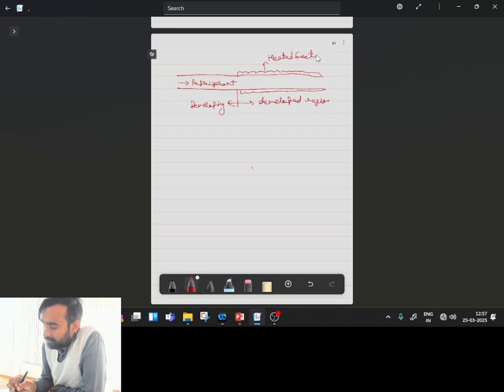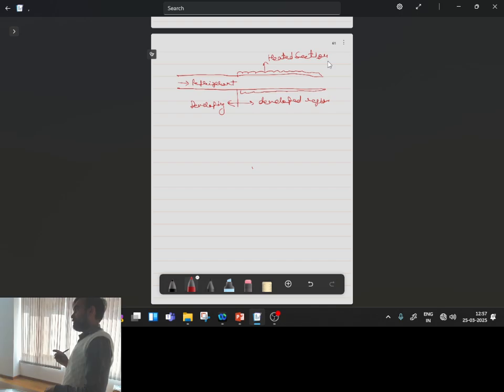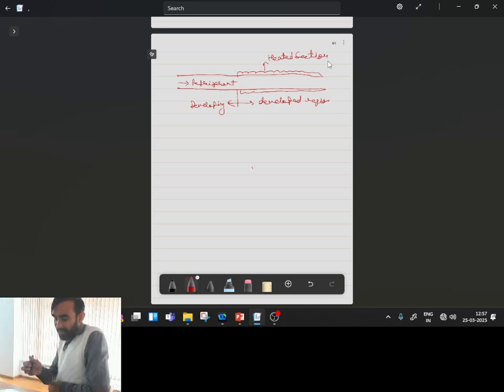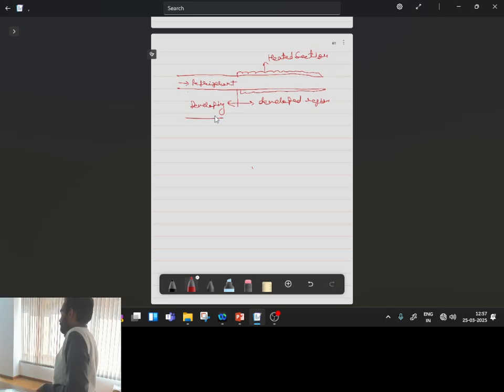Is this point clear? Now you have to understand that it is given in the experiment that heat transfer is to be studied only in the developed region. That is why I have not included the heated portion in the developing section. Are all clear with this point? So the heated portion is in the developed region only.